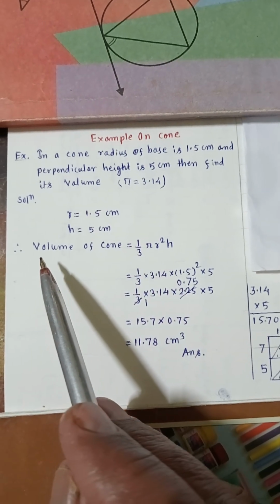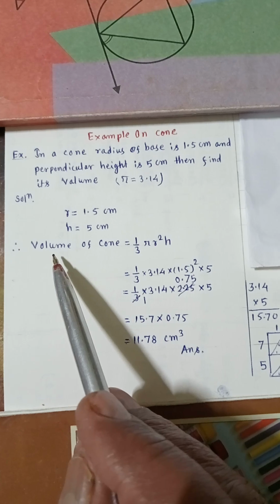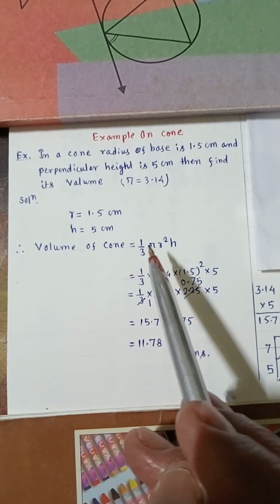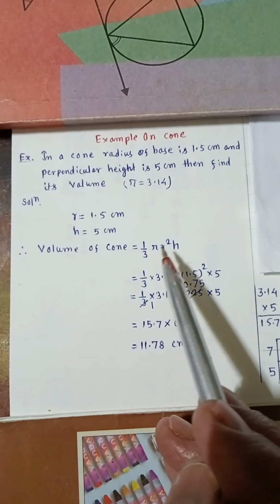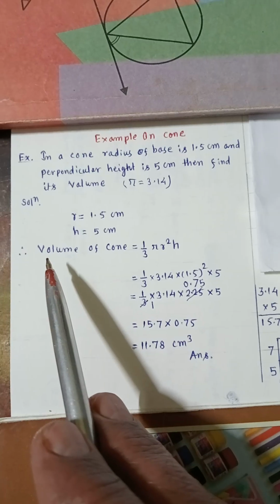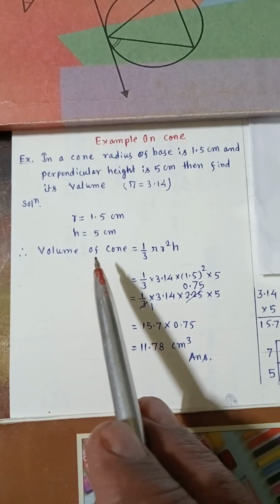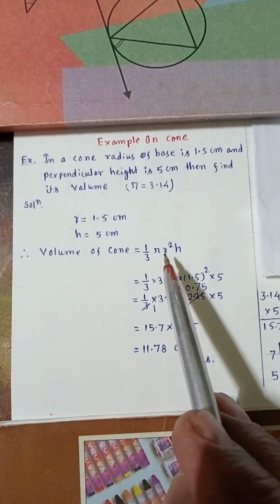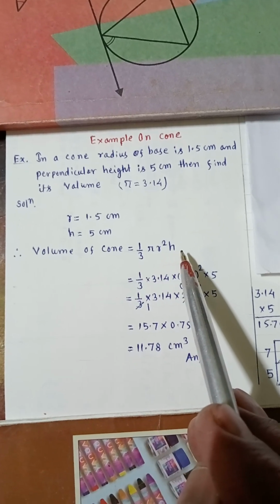Therefore first write formula of volume of cone. Volume of cone is equal to 1/3 pi r square h.